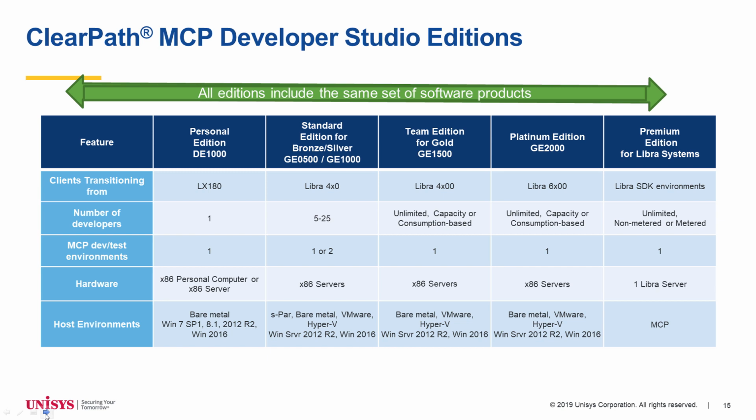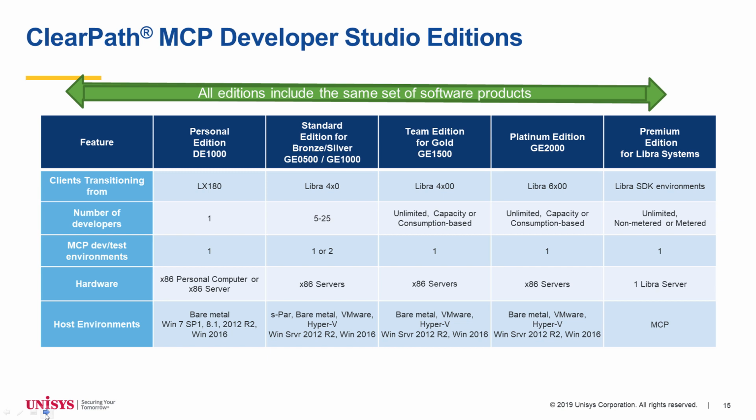For Software Series MCP Developer Studio editions, it's important to note that all of the different editions have the same product set. So in other words, if you're developing on a standard edition or a team edition, you would get the same capabilities as you would with the premium edition or the platinum edition, meaning that you have access to AIS and data exchange and all of the products that you would need for an environment, including Visual Studio, Visual IDE.